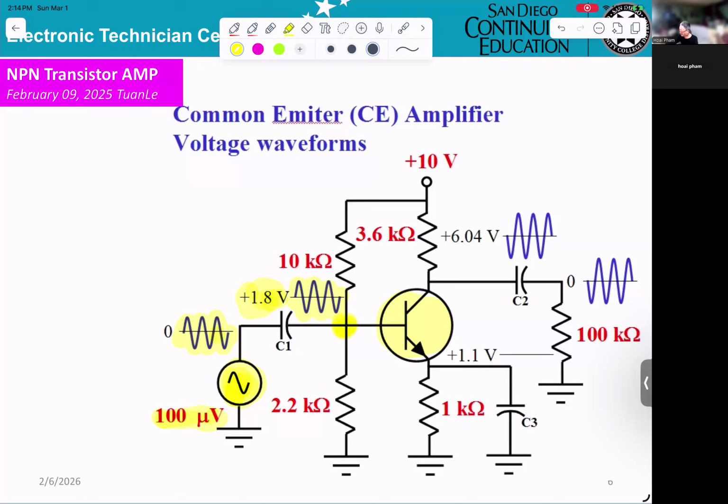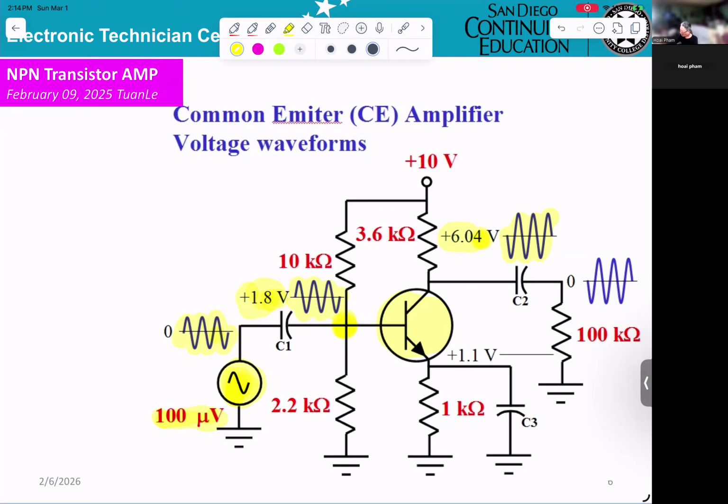Okay? And also from the collector, first thing, you get a DC from this calculation, 6.04 volt. And now you also get the sine wave opposite to the sine wave at the base.